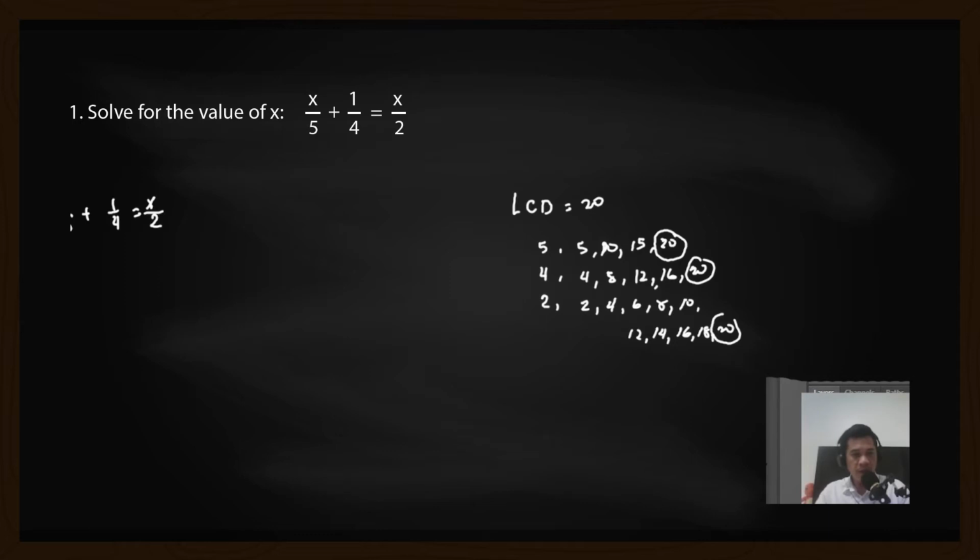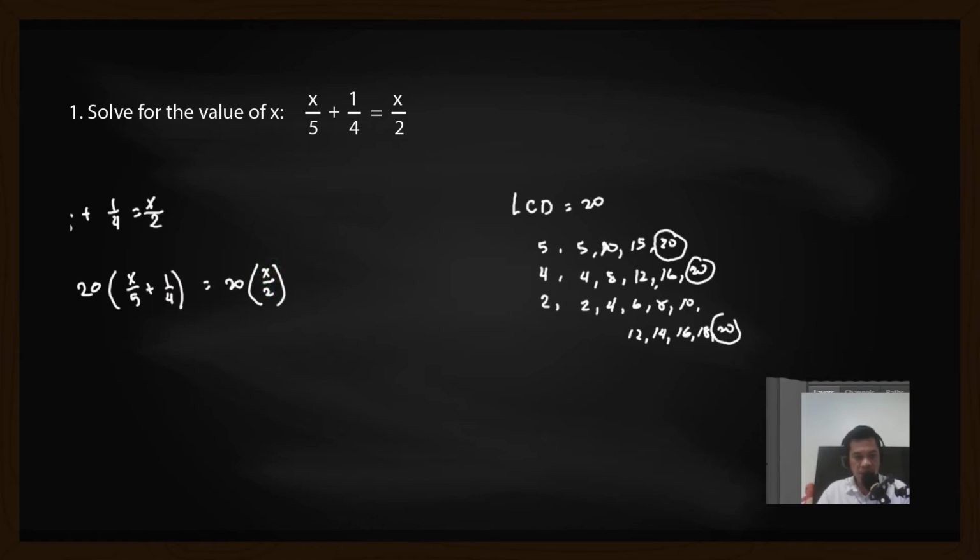Okay, so if we have now our LCD, which is equal to 20, so what we're going to do is we're going to multiply both sides by our LCD, which is 20. So we have now 20 times x over 5 plus 1 over 4. And then we multiply also to this side x over 2 times 20.